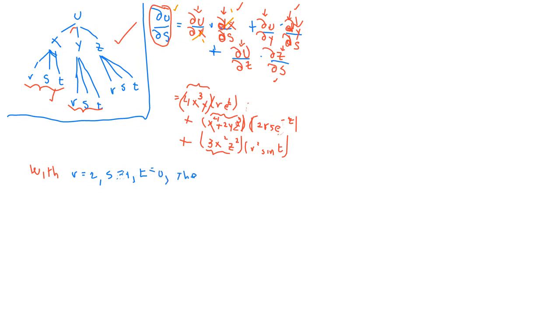Then if that's the case, X is just going to equal 2 times 1 times e to the 0, which is 2, right? Because X is R times S times e to the t. So that would be 2 times 1 times e to the 0 power.